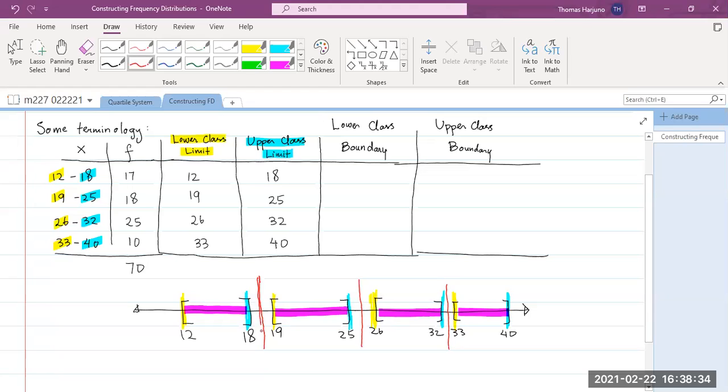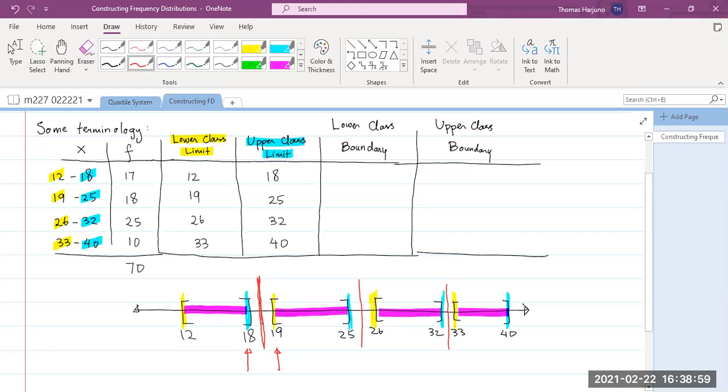This is the fence, which is always the midpoint of the upper class limit of the previous class and the lower class limit of the next class. It's kind of hard to explain in words, I know, but I hope this picture gives you a good idea.